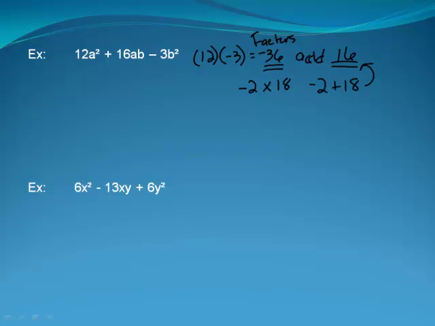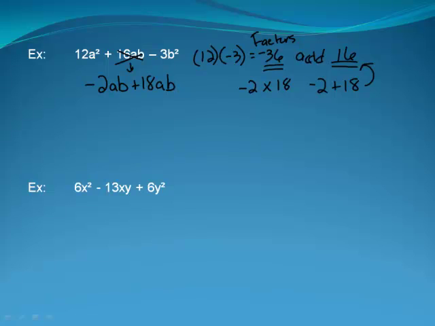So just like before, we're going to take those factors and we're going to rewrite our middle term. Now, the only thing you have to be careful of here is you have to have your variable piece match the middle term. They've got to be like terms because you're not changing the problem, you're just rewriting it. So instead of writing plus 16ab, now we're writing minus 2ab plus 18ab for our middle term.